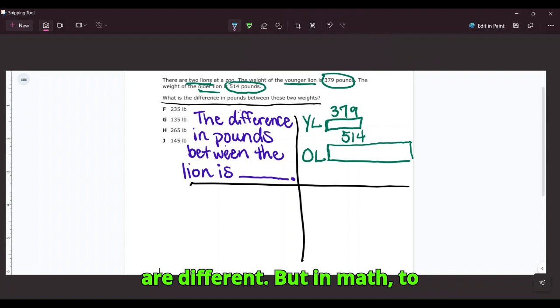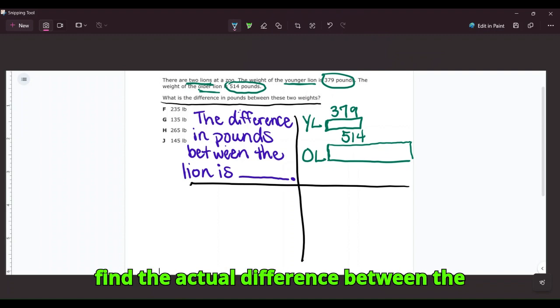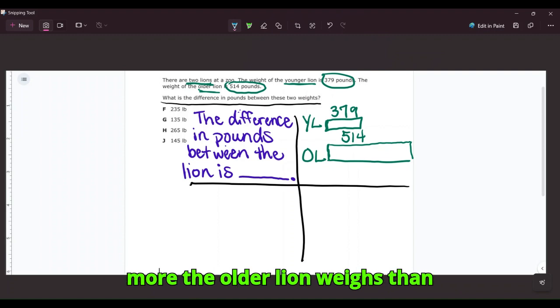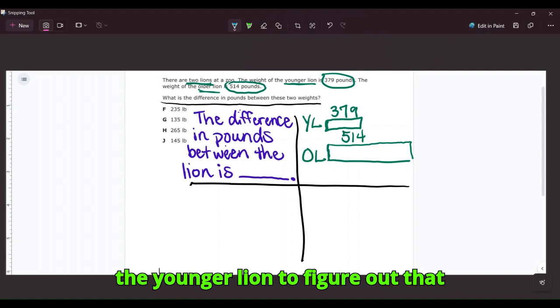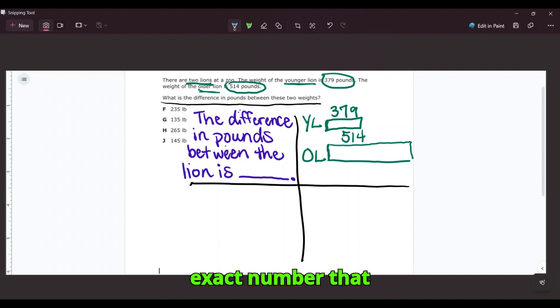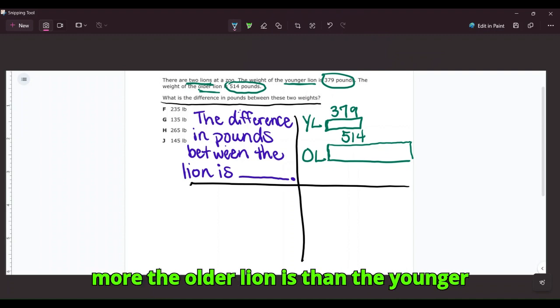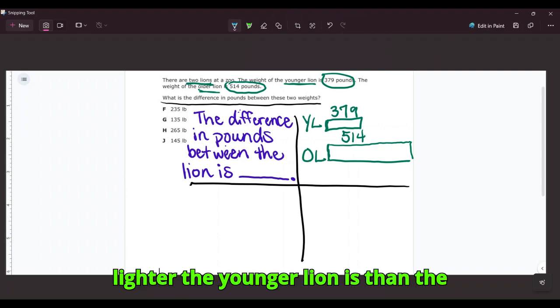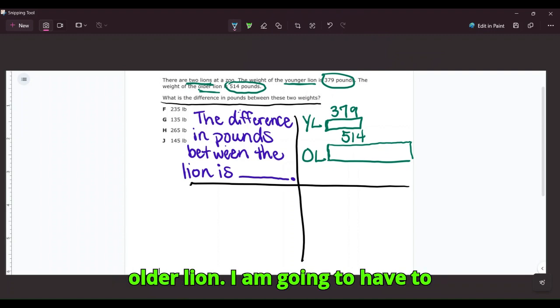But in math, to find the actual difference between the two of them, I need to see how much more the older lion weighs than the younger lion to figure out that exact number that represents how much more the older lion is than the younger lion, or how much lighter the younger lion is than the older lion.